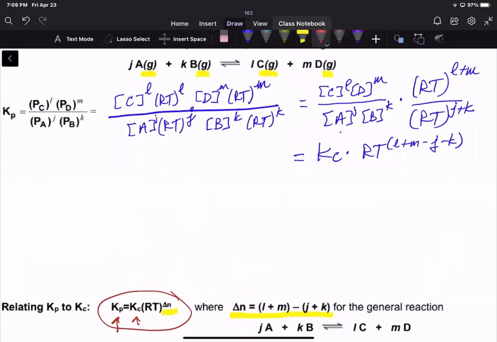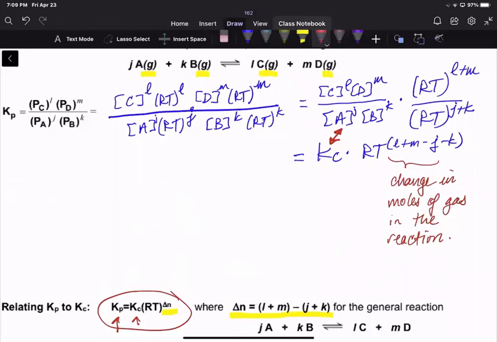So this is our Kc. Maybe we're given a Kc and you need to calculate what the Kp would be. You need to know the change in moles of gas. So all those factors of RT will cancel out except however many the change represents.